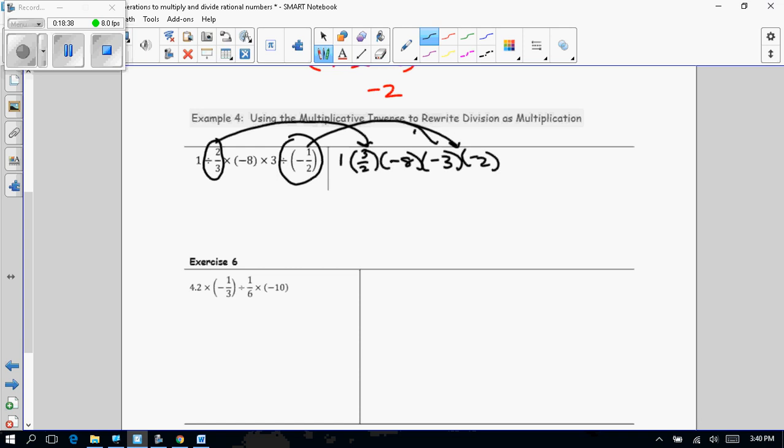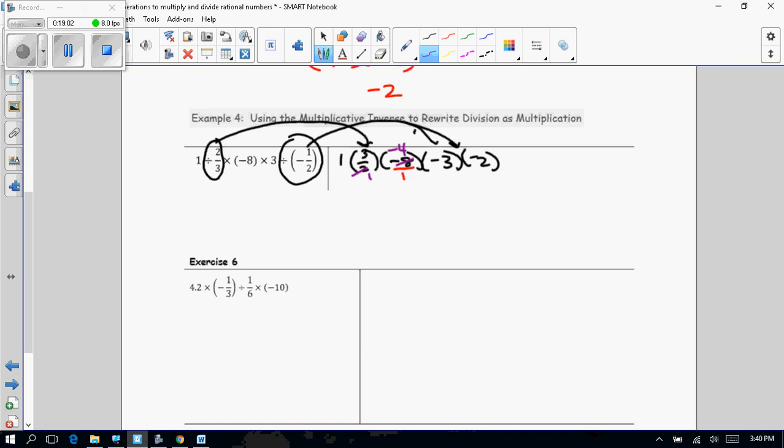My problem with this is that it may not necessarily always work nicely with everything going in order, but I think I'll be okay. I'm going to put my negative 8/1. And if you remember, I talked to you guys about cross-reducing, because I know 2 goes into itself once and 2 goes into negative 8 negative 4 times.